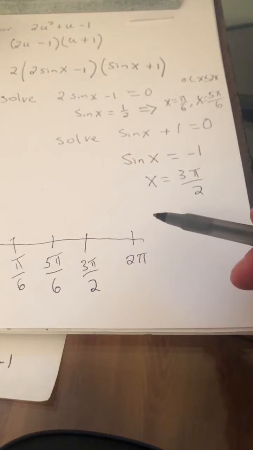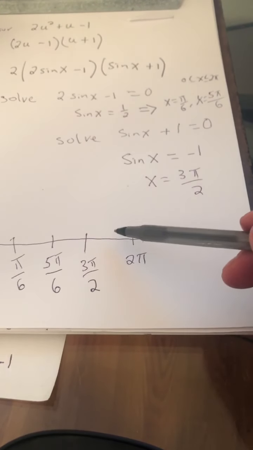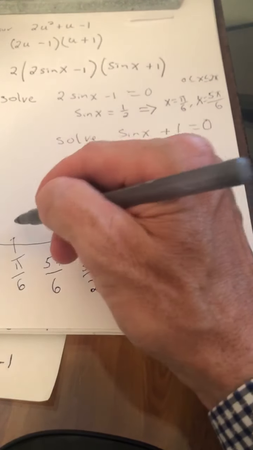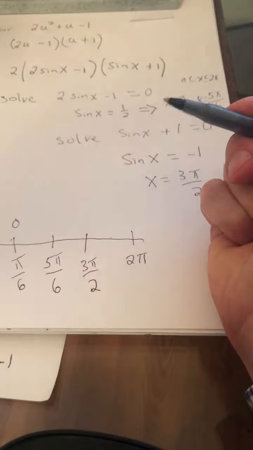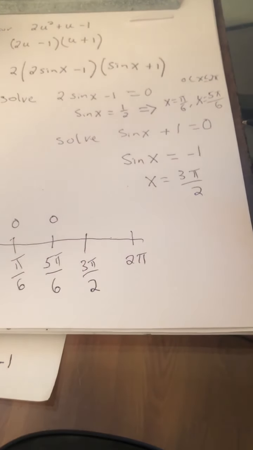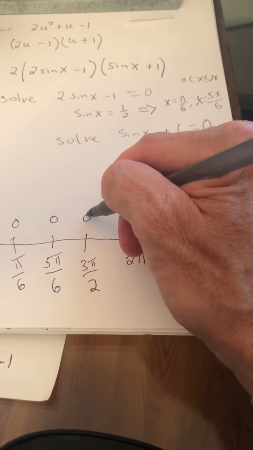So what you can do now is use some test points, around pi over 6, 5 pi over 6, and 3 pi over 2.